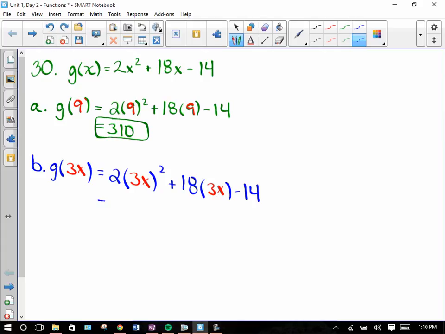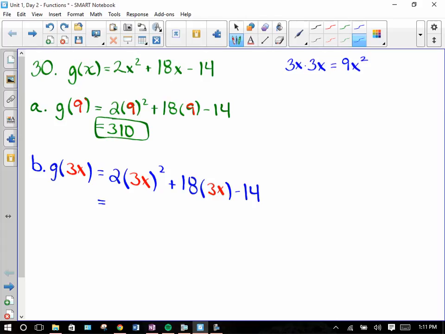Okay? So in here, it's 3x squared. Well, 3x squared is the same as saying 3x times 3x, which is 3 times 3 is 9, x times x is x squared, so you get 9x squared.